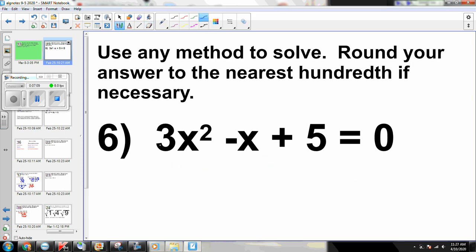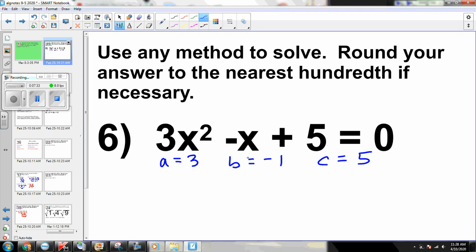So I'm going to use the quadratic formula. When we use the quadratic formula, it has to be set equal to 0. It is. I know a is 3, b is negative 1, and c is 5. All right, our quadratic formula is negative b plus or minus the square root of b squared minus 4ac, all over 2a.